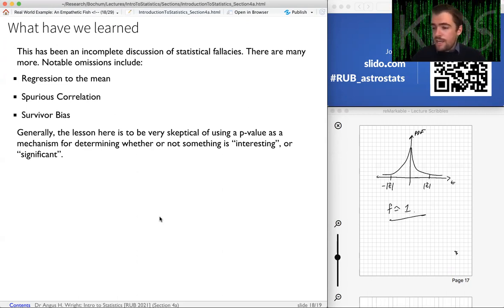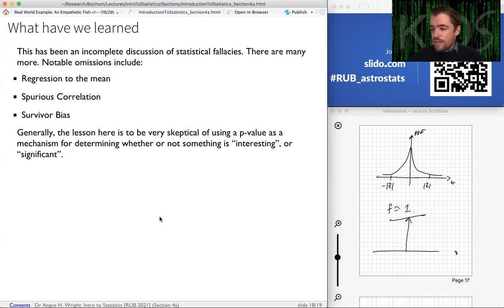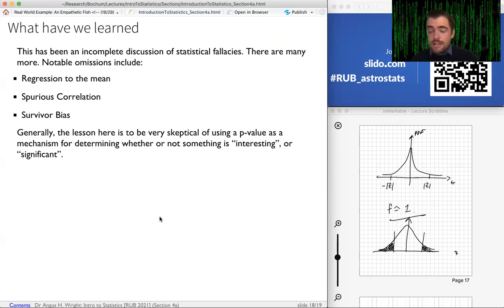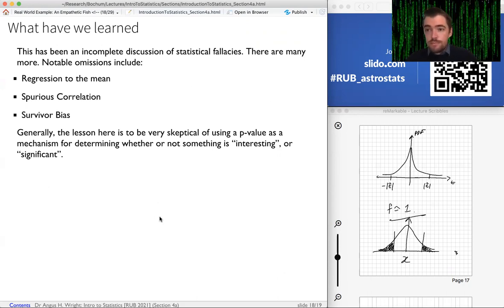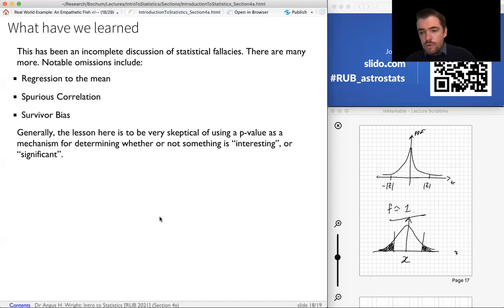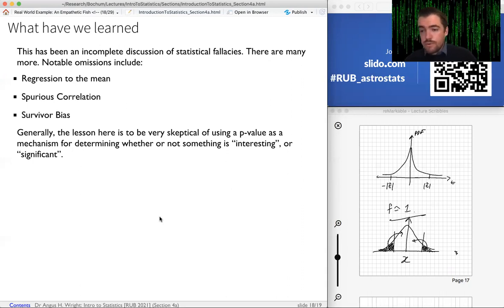If I have a variable that I use to define my sample, and it's a random variable that has some distribution, call it a Gaussian, and I define one sample to be the sources in that end, and I define another sample to be the sources in that end, and then I remeasure a new experiment with these variables, because of random noise, I expect the average of this population to move towards the mean, and I expect the average of this population to move towards the mean.